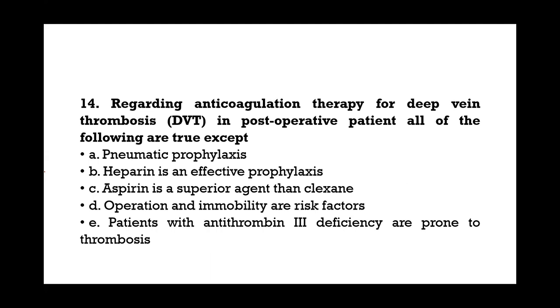Regarding anticoagulation therapy for deep vein thrombosis in post-operative patients, all of the following are true except: A, pneumatic prophylaxis; B, heparin is an effective prophylaxis; C, aspirin is a superior agent to Clexane; D, operation and immobility are risk factors; E, patients with antithrombin 3 deficiency are prone to thrombosis.